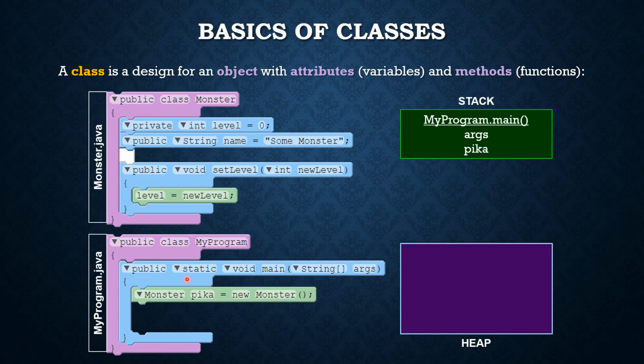So what this entire statement will do is the right hand side will create a new object in the heap specifically, or it will allocate size for a new monster object and return the address of that monster object in the heap to this pika. So pika will now start pointing to this monster object.